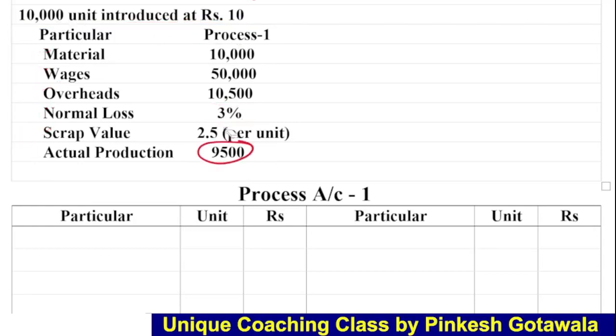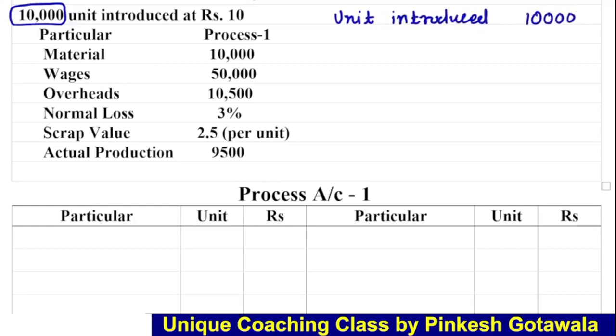So let's do this calculation. First of all, we have to check whether there is an abnormal loss, yes or no. So how many units introduced here? We introduced 10,000 units. Okay, how many units introduced? 10,000.